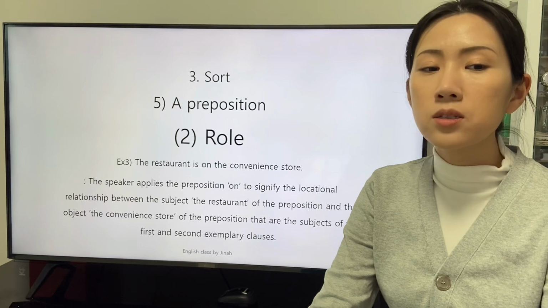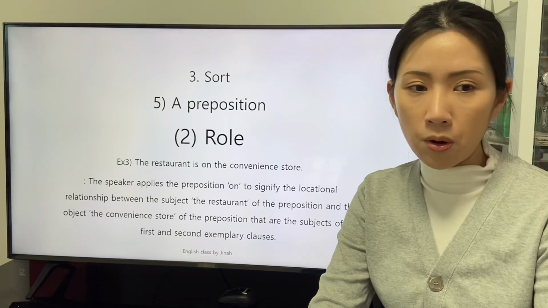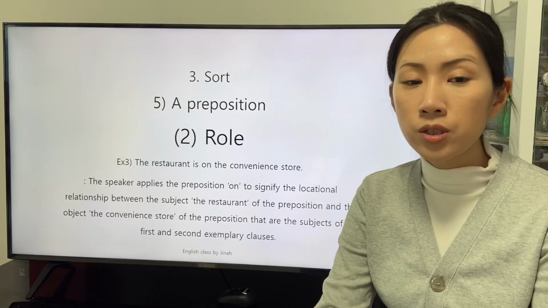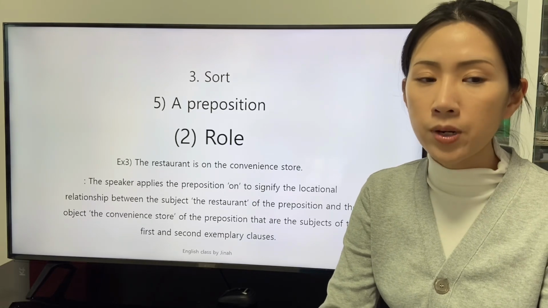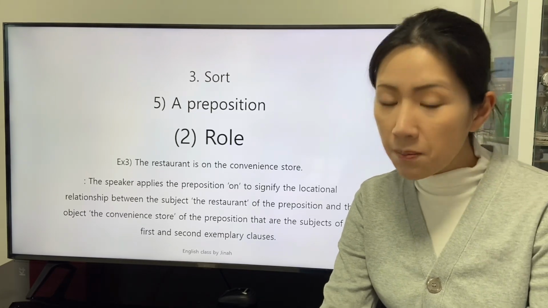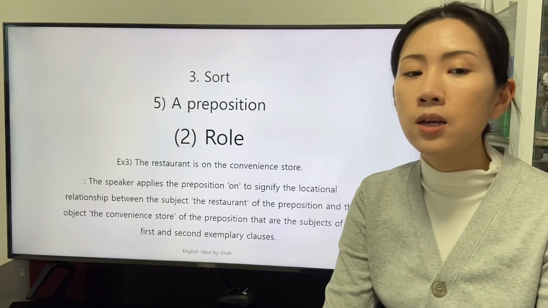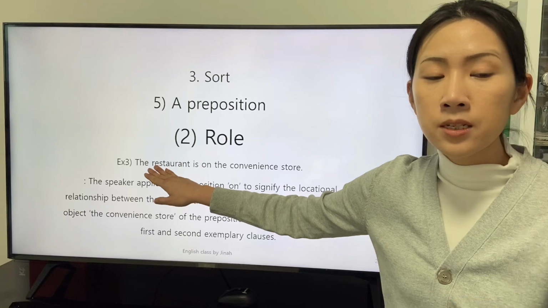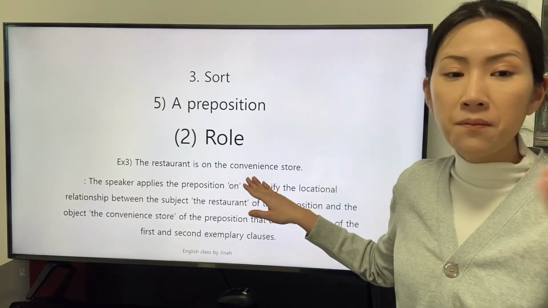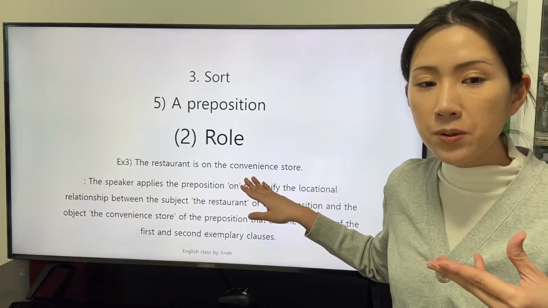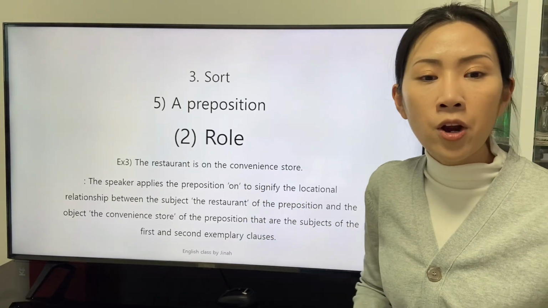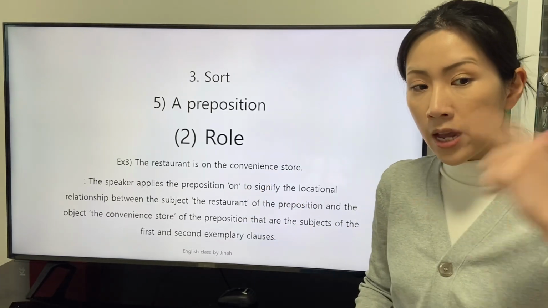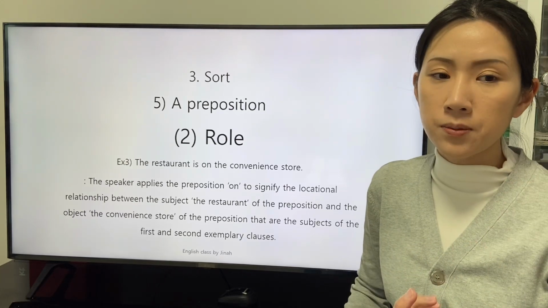The restaurant is on the convenience store. The speaker applies the preposition on to signify the locational relationship between the subject of the preposition, the restaurant, and the object of the preposition, the convenience store, that are the subjects of the first and the second exemplary clauses.